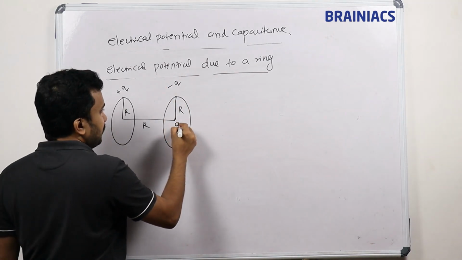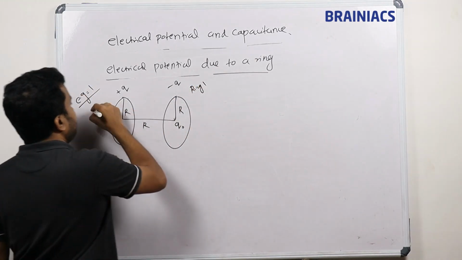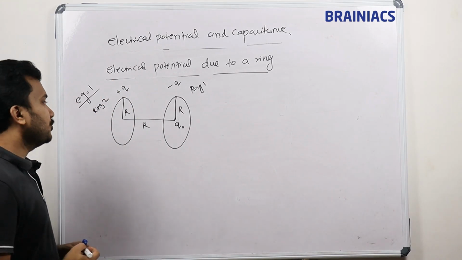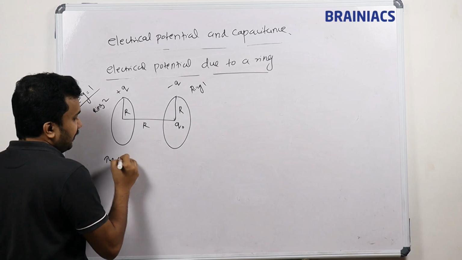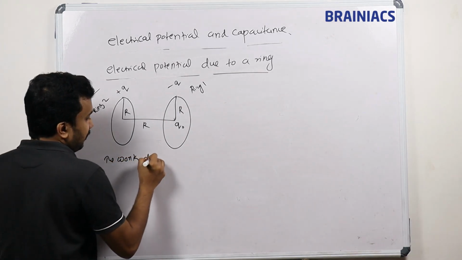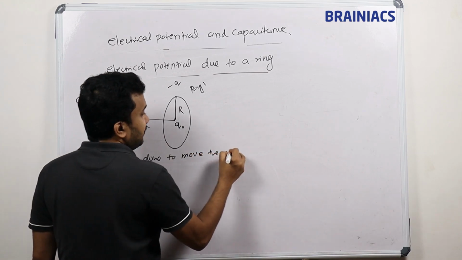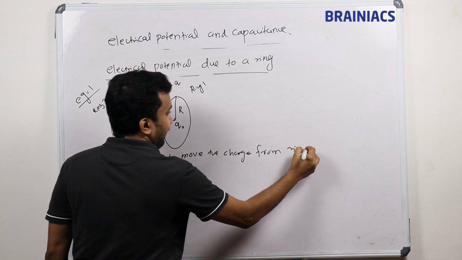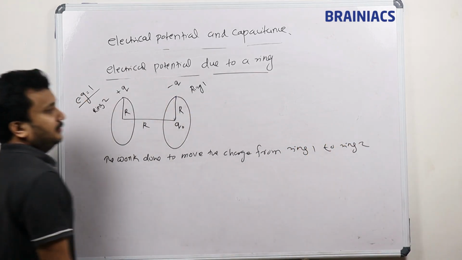This will have a charge q0. This is called ring 1. This is called ring 2. Okay, now the question is: the work done to move the charge from ring 1 to ring 2.